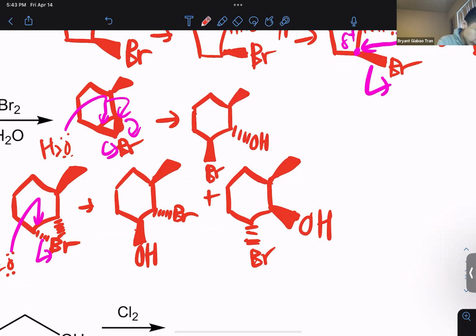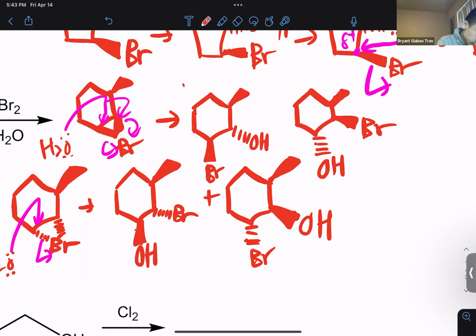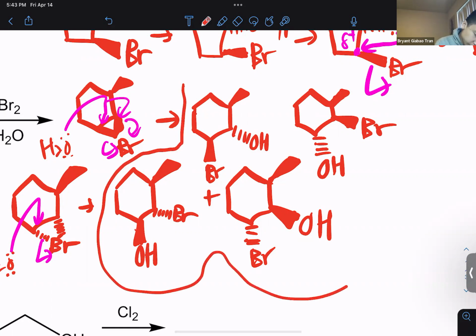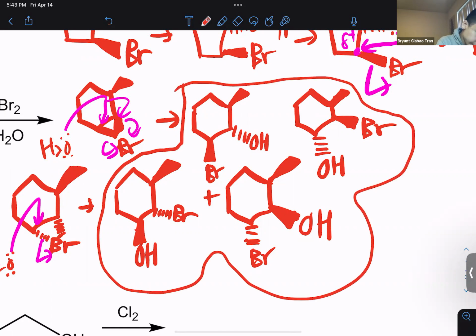And the methyl group of the ring will remain as a wedge because that remains unreacted. So this methyl group here remains unreacted. So here are our 4 products here.